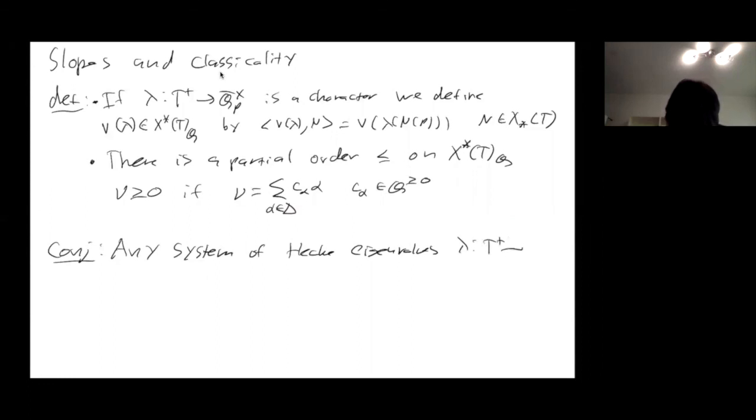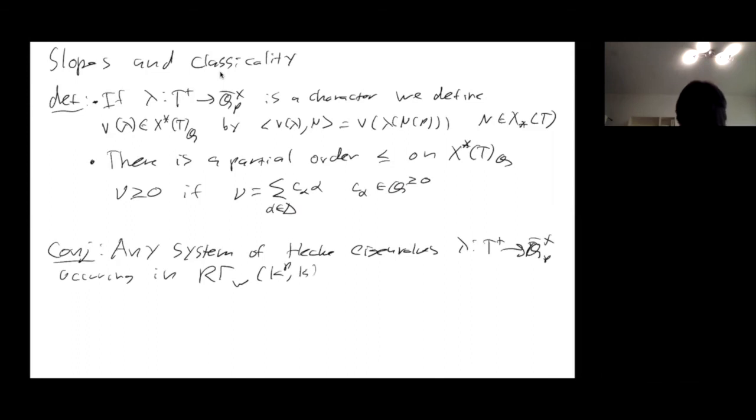lambda from T plus to Q_p bar cross occurring in one of these overconvergent cohomologies.